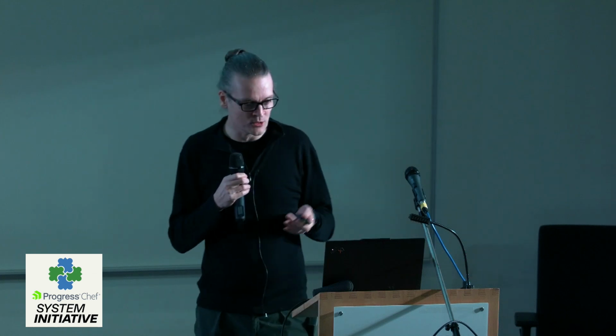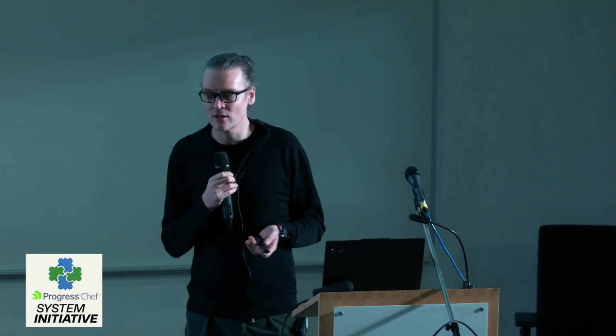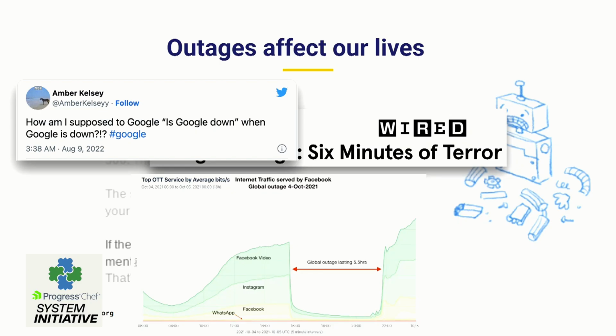So why do we care again? I did some research into outages, and you see that in many companies, including Google, more than 50% of the outages are configuration related. And the interesting thing is there's a wild variety of what that means and what kind of outages you have.